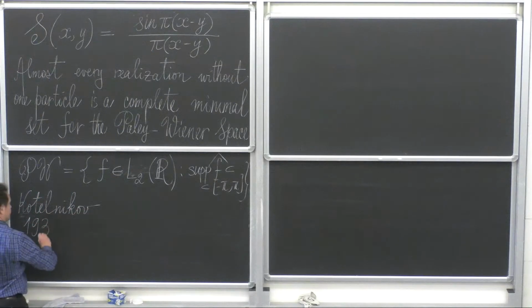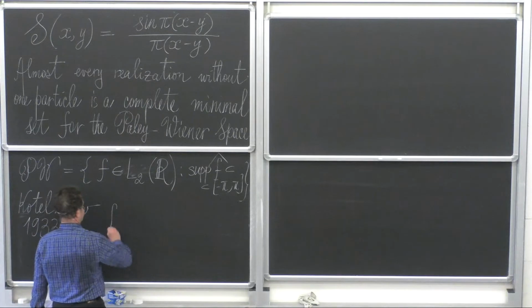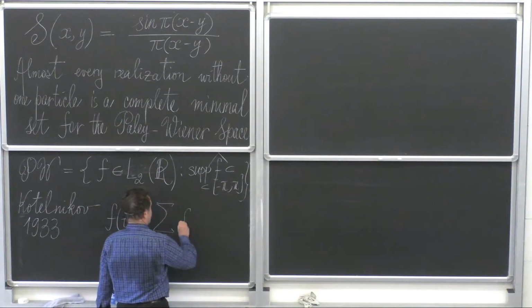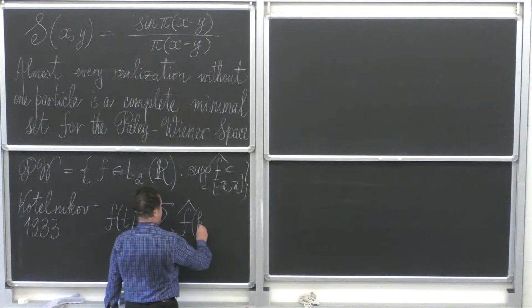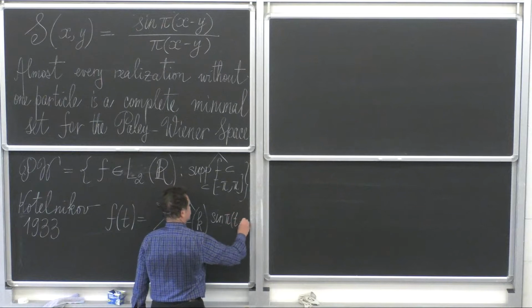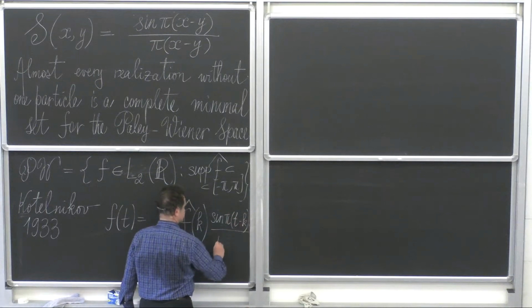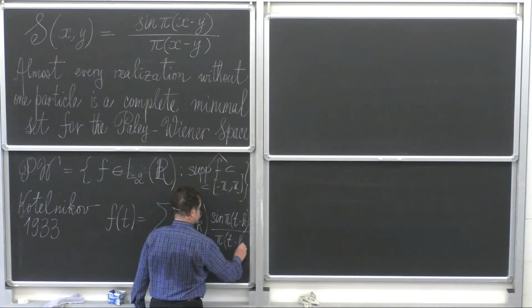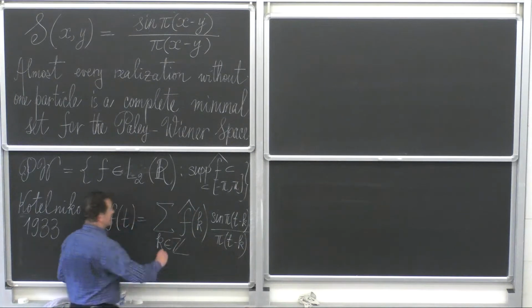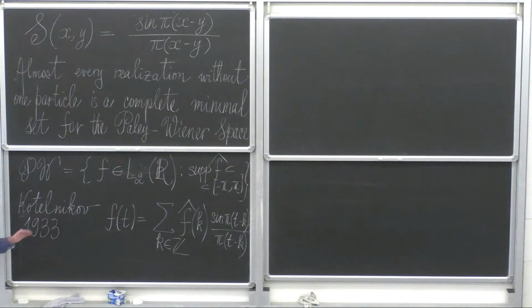which says that f of t is the sum over k in Z of f(k) times sine pi(t minus k) over pi(t minus k).